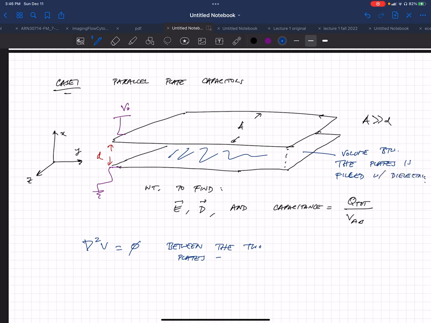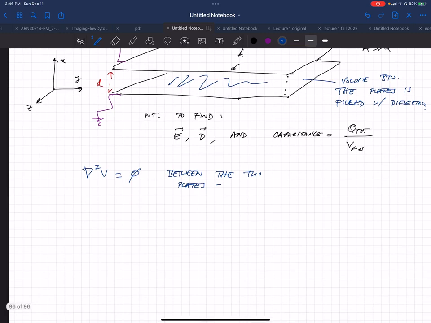So there's no conduction there. It's basically a perfect dielectric.